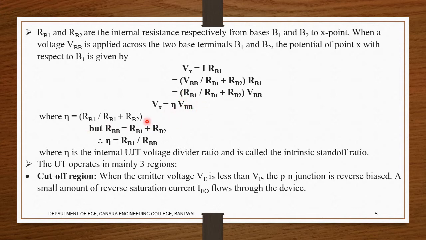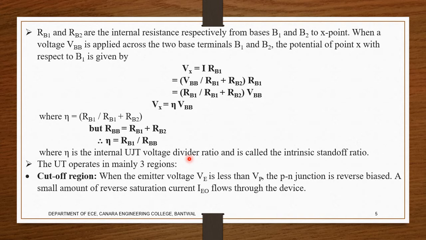What is eta? RBB is equal to RB1 plus RB2, so eta is RB1 divided by RBB. We call this eta the internal UJT voltage divider ratio, or the intrinsic standoff ratio.